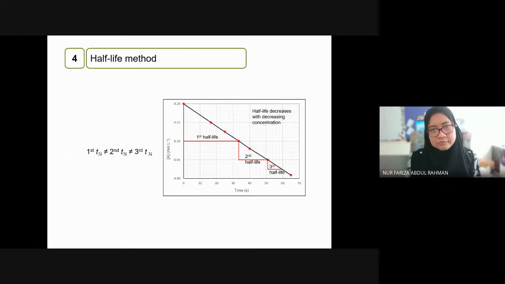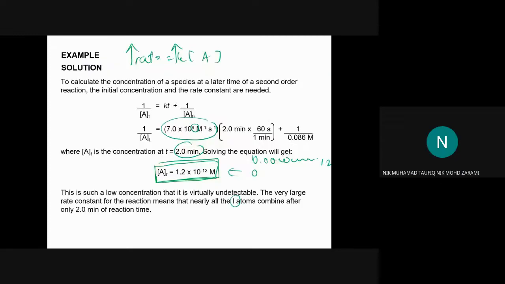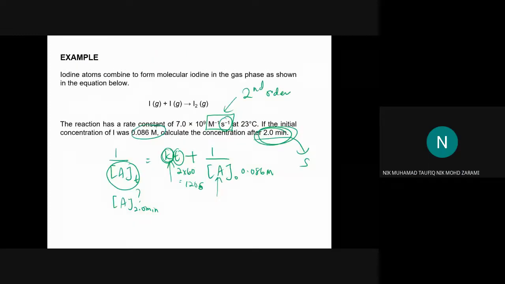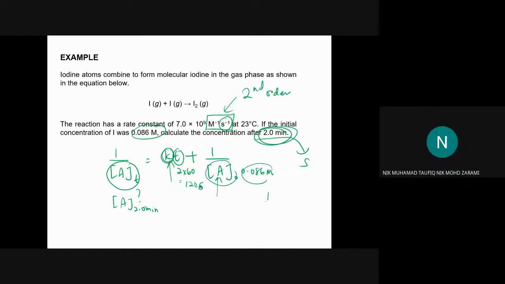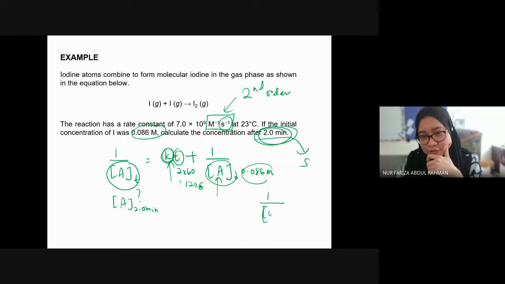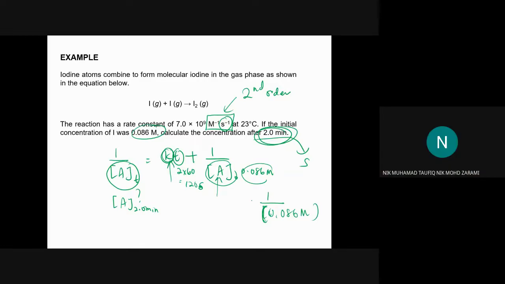Okay, bukan simply just tekan calculator saja dapat jawapan betul. Right? Oh madam, yang 0.086 M tu, ni dia sama dengan 1 per A kosong tu? Ya, bukan. A kosong ni is this one, tapi maksudnya dia 1 per 0.086 mula. So you kena selesaikan lah. Saya ingatkan 1 per A sama dengan 0.086. Tak.